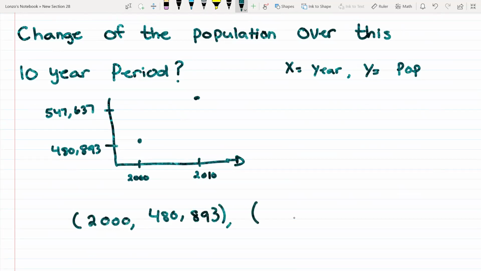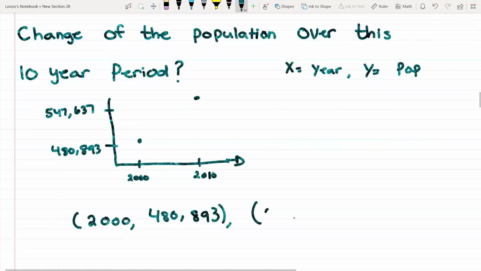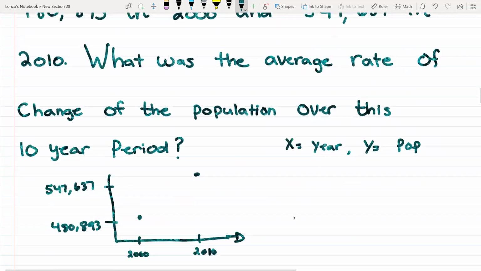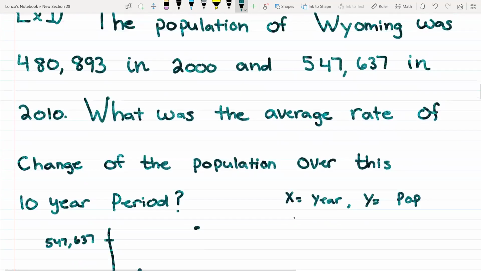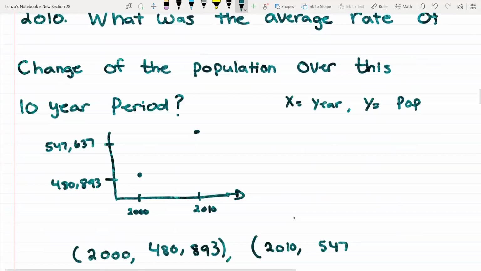And what do you think our next coordinate would be? It states it was 547,637 in the year 2010. So 2010, 547,637.